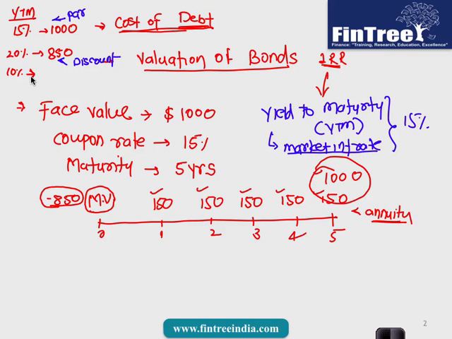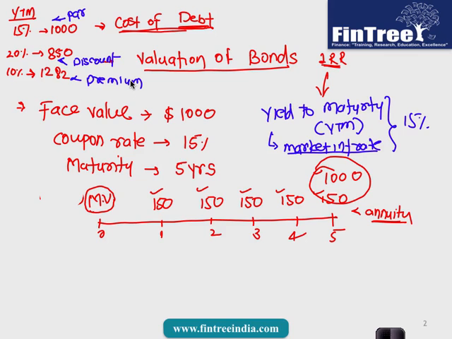The way you would enter cash flows, you would say 150 payment, 1000 future value, 5 as N, 10 as IY, compute present value. One two 82. And this kind of bond now would be called as bond trading at a premium.